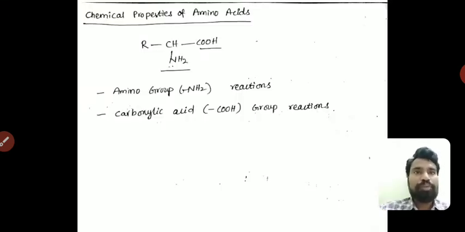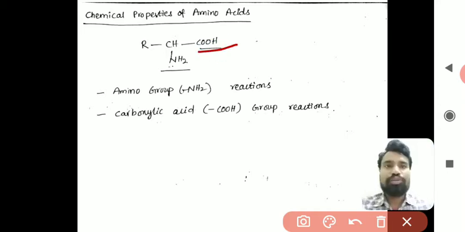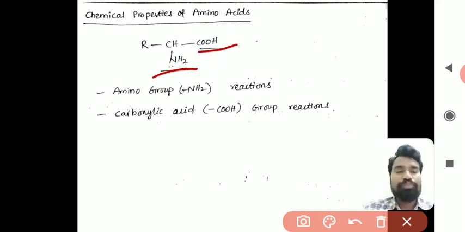So chemical properties of amino acids. As we know, amino acids consist of two functional groups, one is the carboxylic acid group and the other is the amino group, right? So as two functional groups are present, there are two types of reactions for amino acids.